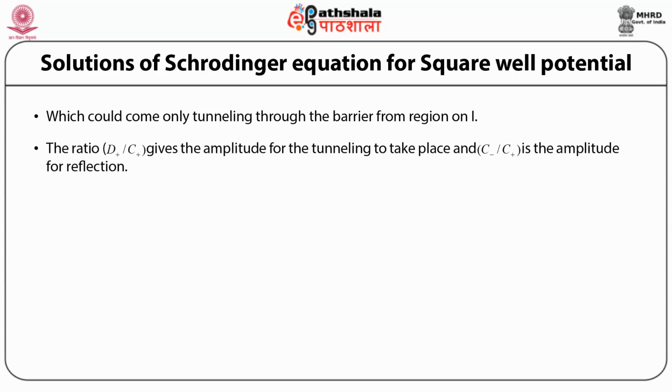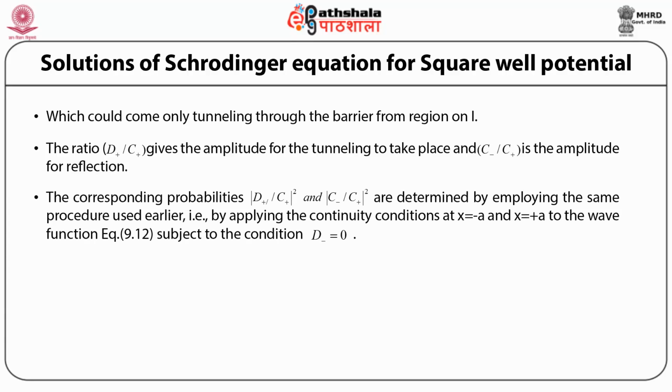The ratio d plus by c plus gives the amplitude for the tunneling to take place, and c minus by c plus is the amplitude for reflection. The corresponding probabilities, the square of modulus d plus by c plus and the square of modulus c minus by c plus, are determined by employing the same procedure used earlier.